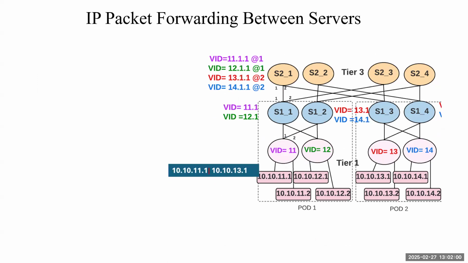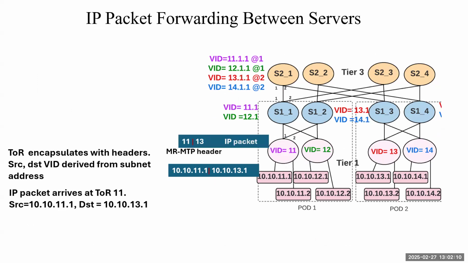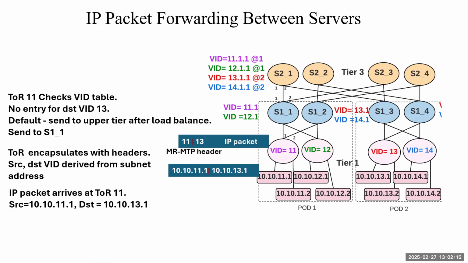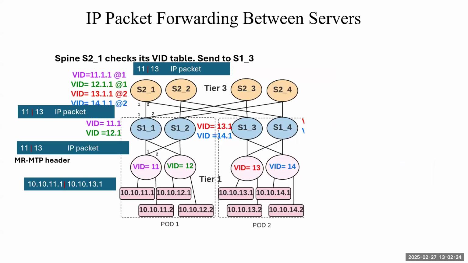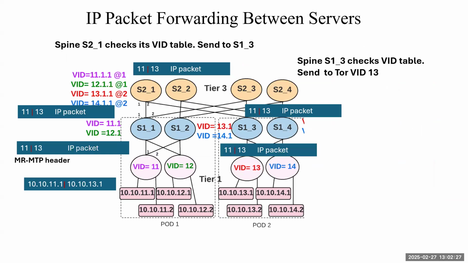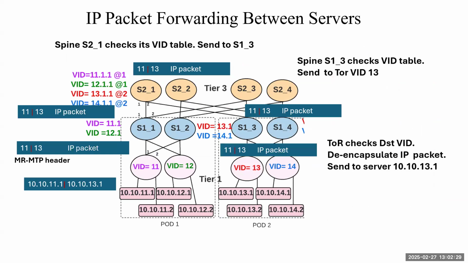Let us now look at how an IP packet gets forwarded between the servers. Take a packet from the 11 network to the 13 network. When it arrives at the TOR, the TOR puts in its own header, and then based on the destination virtual ID and the VID table at the spine, the packet gets forwarded from spine to spine till it reaches the destination TOR, where the destination TOR removes the outer encapsulation and delivers it to the server.